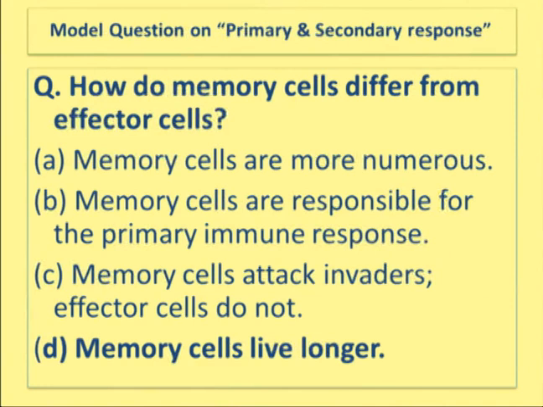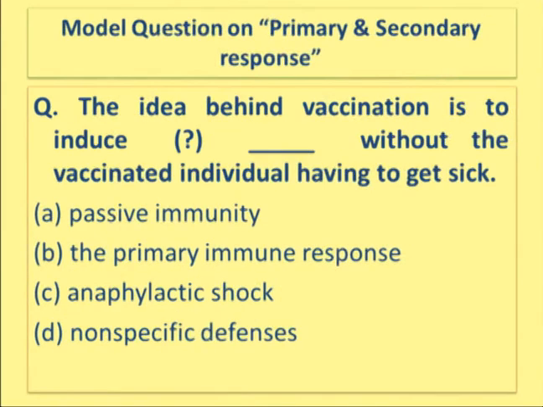So memory cells live much longer, even for decades, 50 years, 80 years, 90 years, as the case may be. During this time, they do not enter into the cell cycle. Sometimes the examiner may ask, memory cells are in which stage of their cell cycle? So memory cells are in the G0 phase of their cell cycle. This question can also be asked.